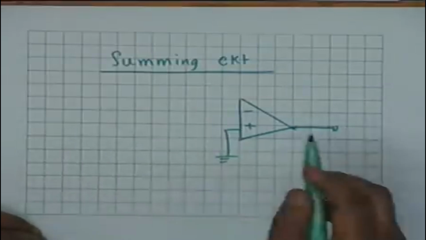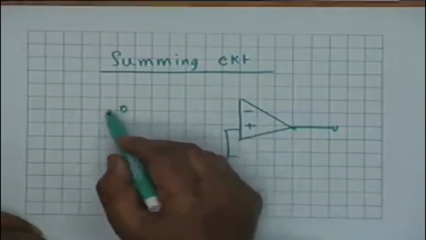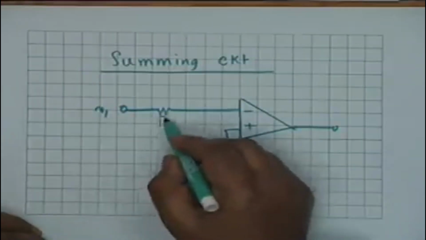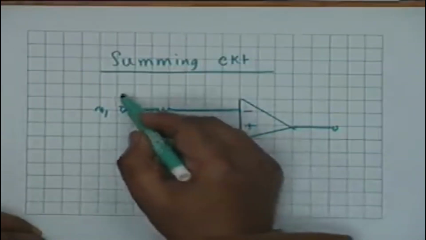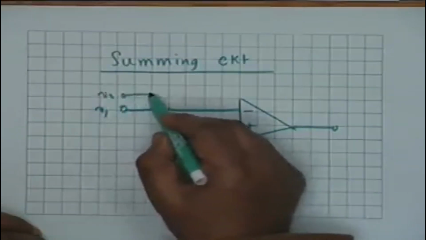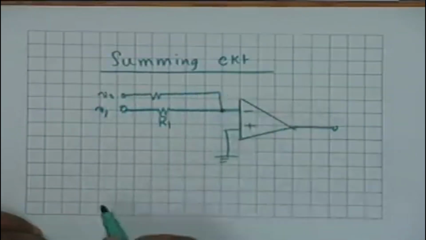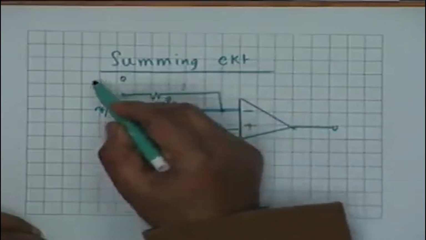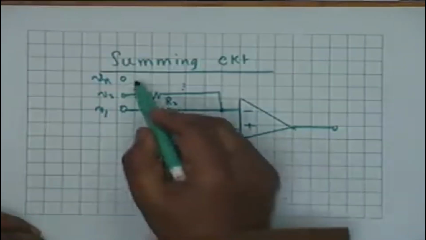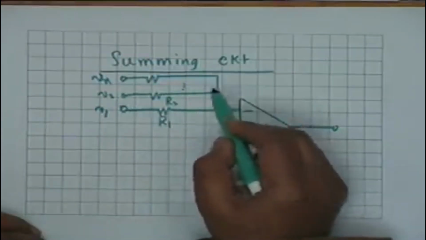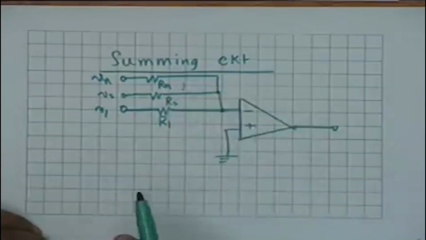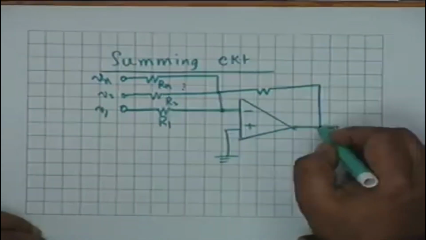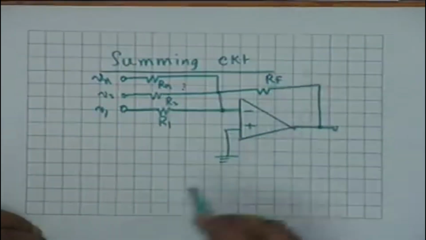We have a number of sources, let us say V1 connected to the inverting terminal through a resistance R1, a voltage V2 connected to the same terminal through a resistance R2, and so on up to n number of sources Vn connected to the same point through a resistance Rn. In addition, there is a resistance from output to input, let us call this Rf.